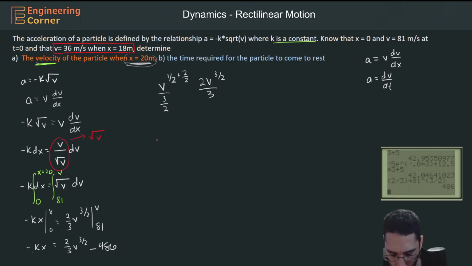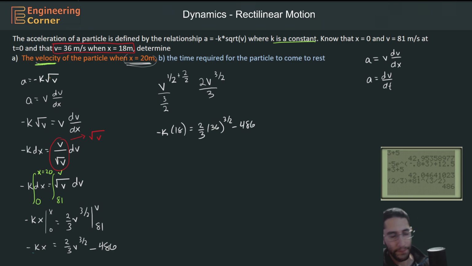So we have minus k times 18 is equal to 2/3 times 36 to the 3/2 minus 486.